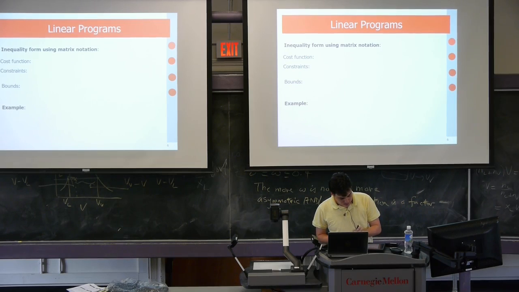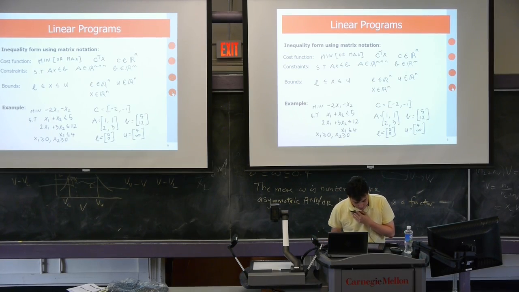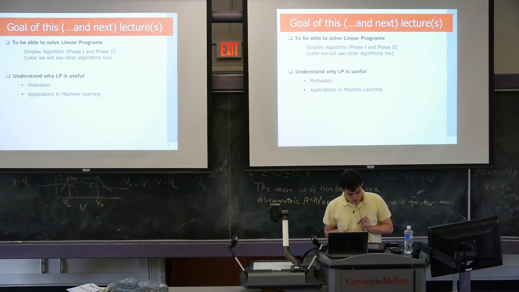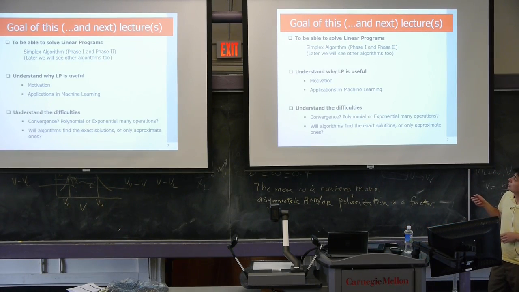Then we discussed the inequality form of linear programs, and then defined the goal of these lectures, which is to show an algorithm, namely the simplex algorithm, that will be able to solve linear programs.